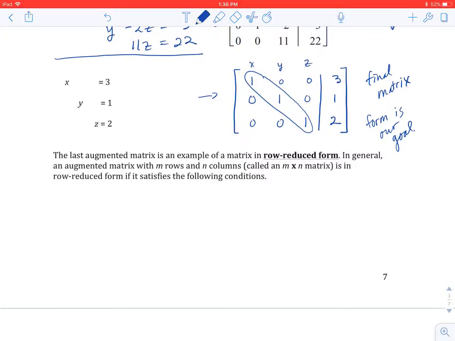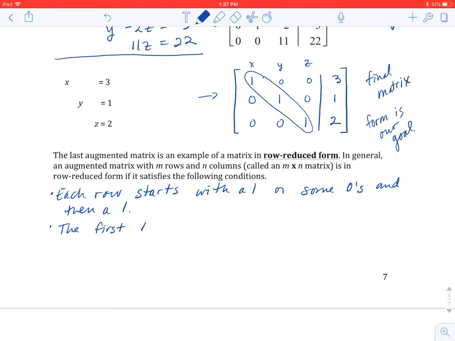And so let's write down in words what we just said, okay? Each row starts with a 1 or some zeros and then a 1. All right. What else can we say?